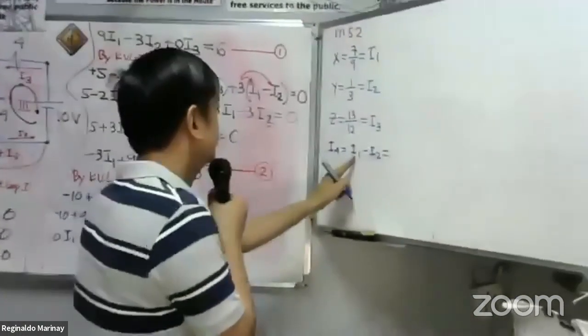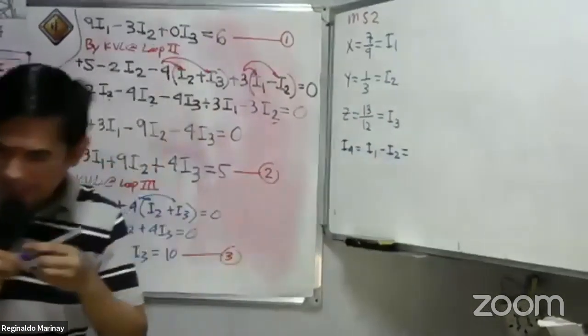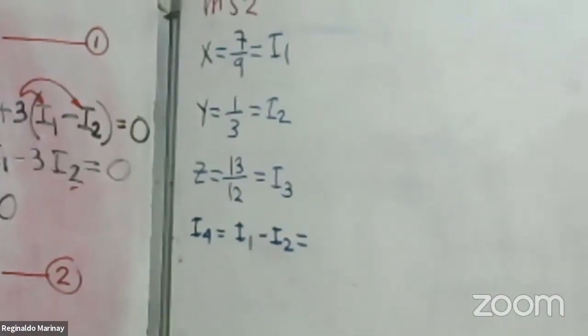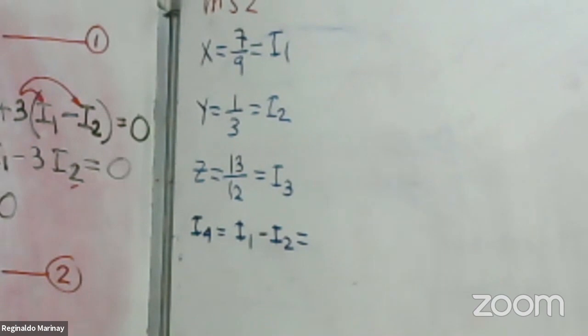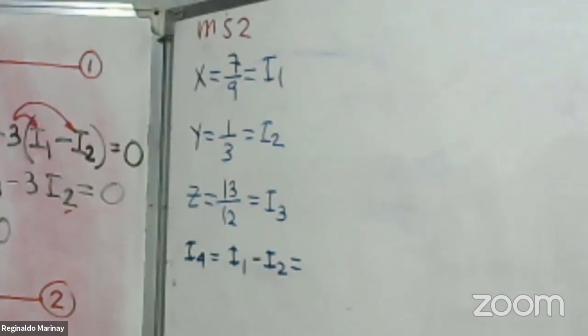What is our I1? 7/9. Then subtract 1/3. So the answer is 4/9.